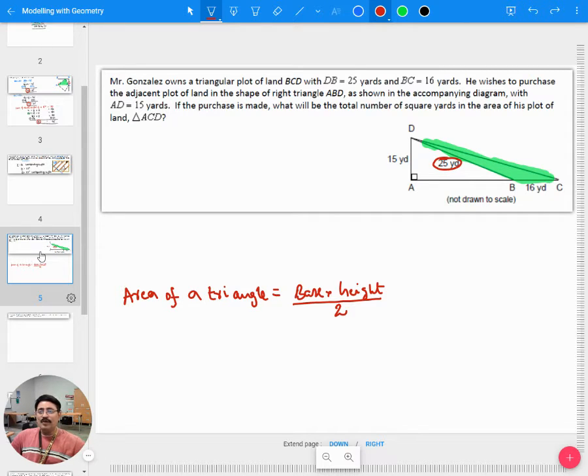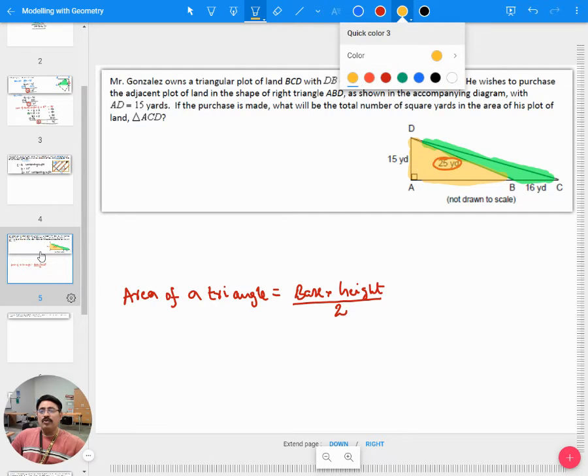Then how to solve? You have to make a plan. I see that there is the triangle, this part, let me make use of a different color. Yeah, this triangle, I see that it is a right angle triangle. Right?